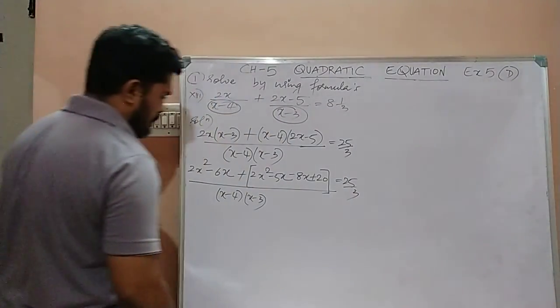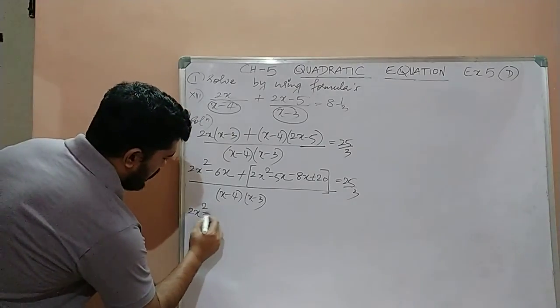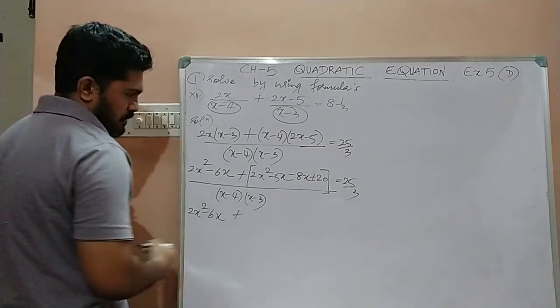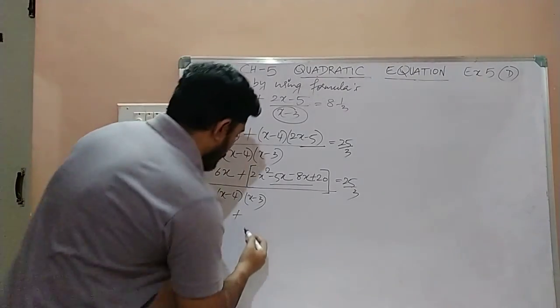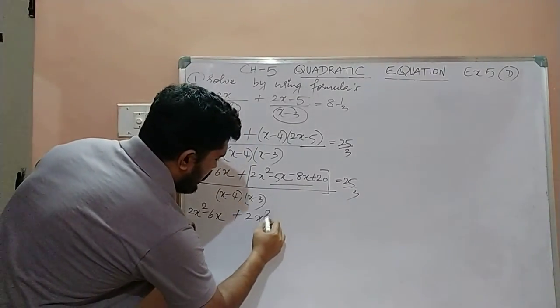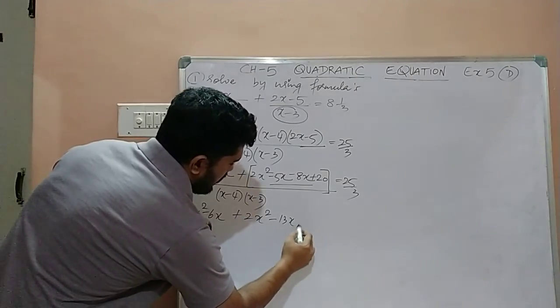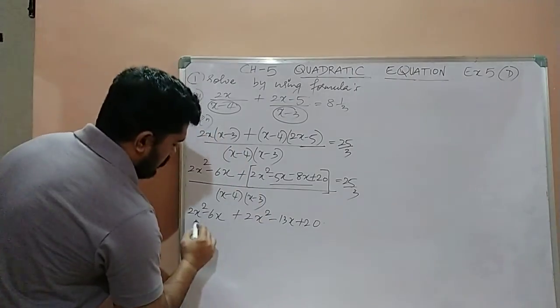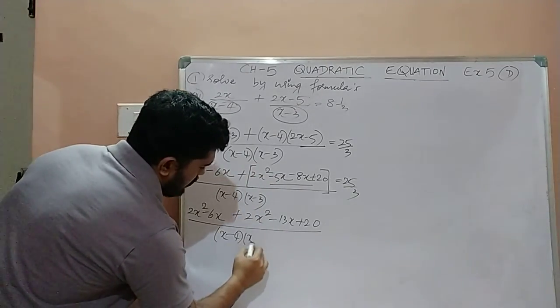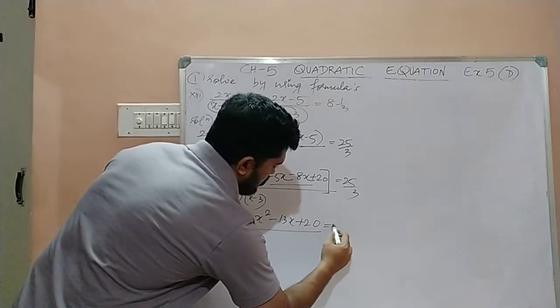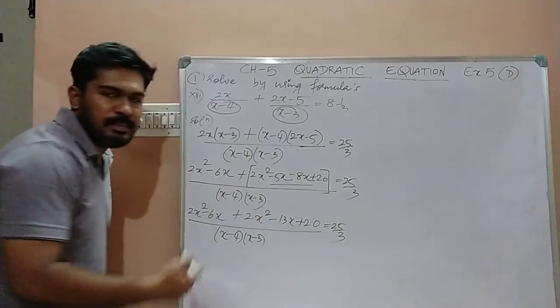Now children, this becomes 2x square minus 6x plus. What is minus 5x minus 8x? Minus 13x. So it becomes 2x square minus 13x plus 20, whole divided by x minus 4 into x minus 3, which is equal to 25 by 3.